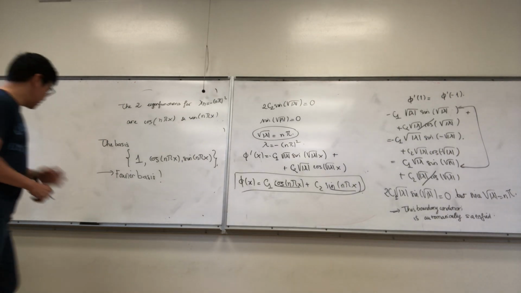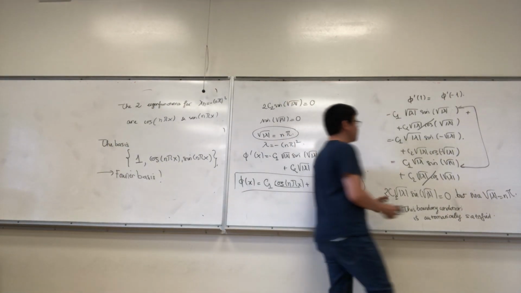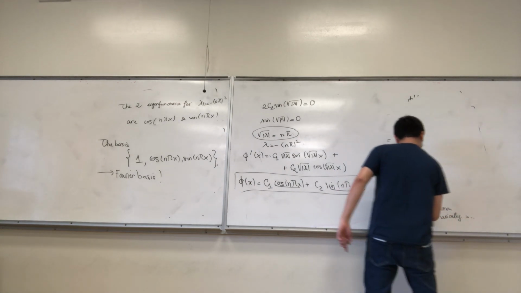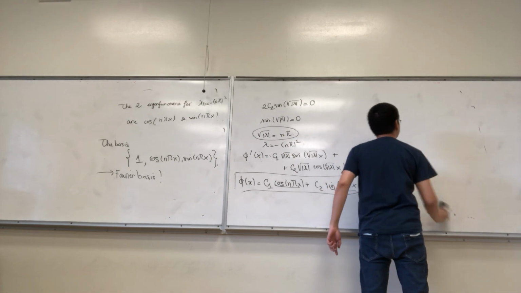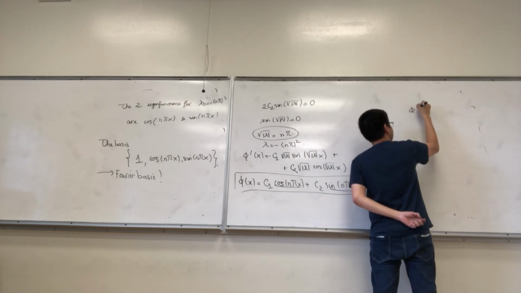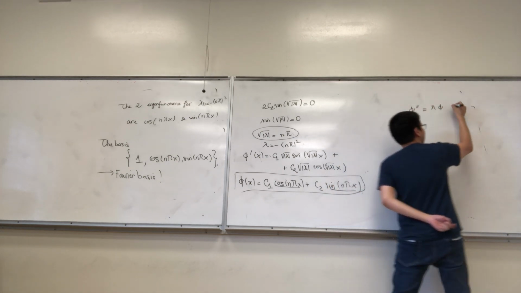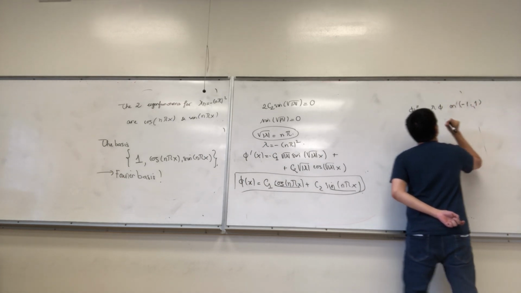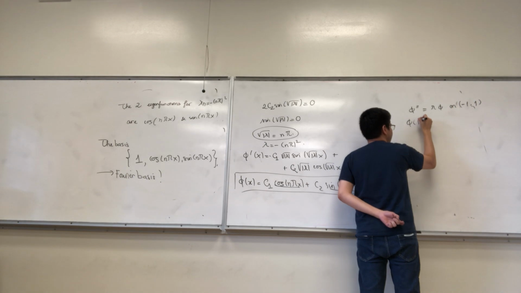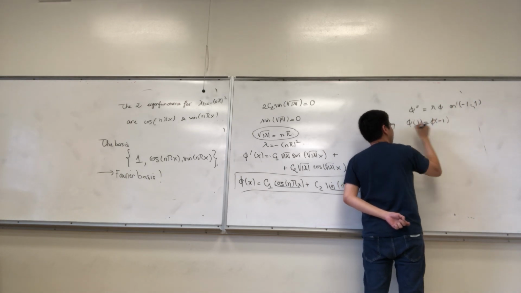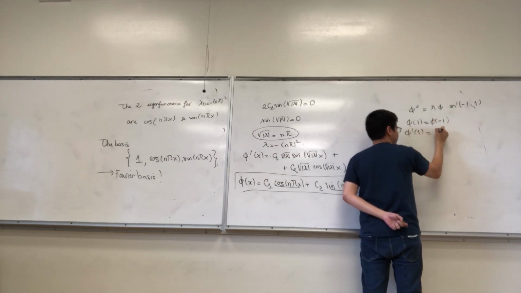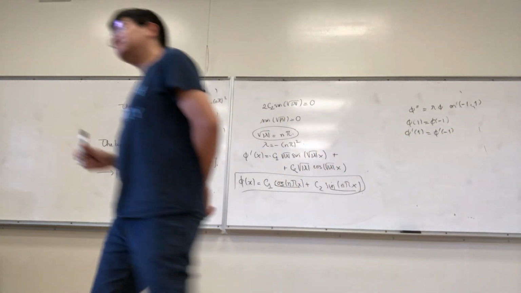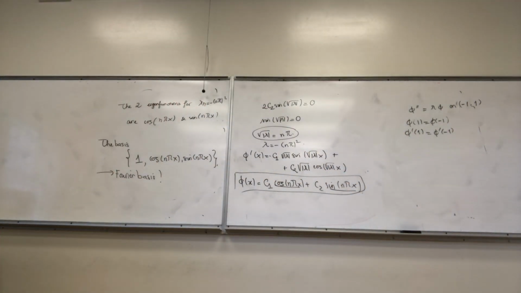The eigenvalue problem that we have is phi double prime equals lambda phi on minus 1 to 1, with phi of 1 equal to phi of minus 1, and phi prime at 1 equal to phi prime at minus 1. Since the boundary values are equal to each other, it's periodic.